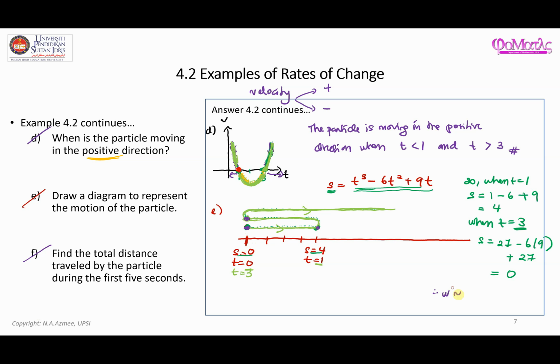Therefore, when t is equal to 5, s is going to be 5 to the power of 3, which is 125, minus 6 times 25, and then plus 9 times 5. So here we have 125, this is 150 plus 45.